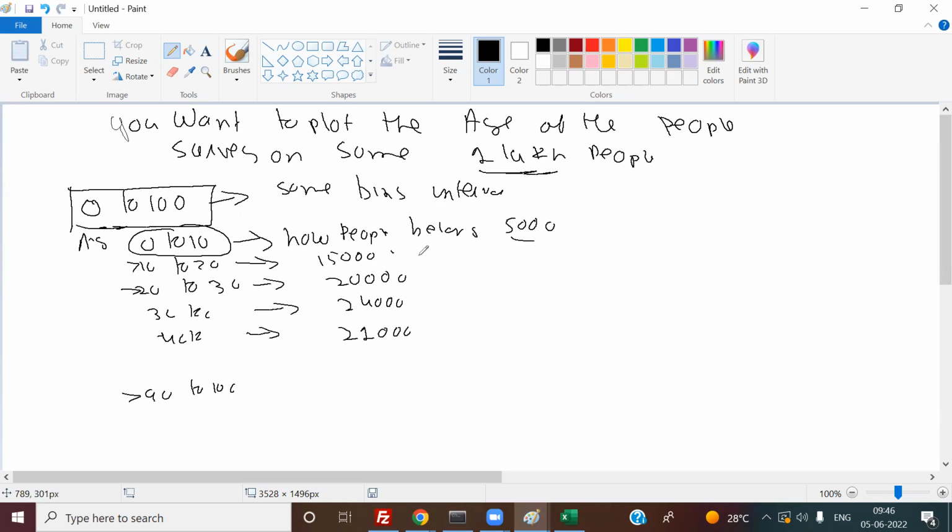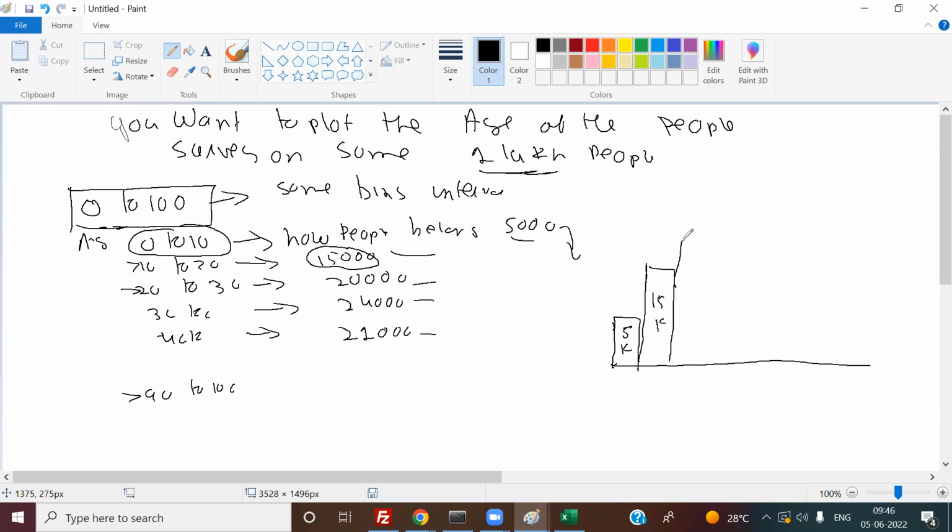So now if I start plotting these things, the first one would be over here, 5,000. The next one is 15,000. So the 15,000 bar would be a little bigger than the 5,000. I am just saying 5,000 as 5K, 15,000 as 15K.